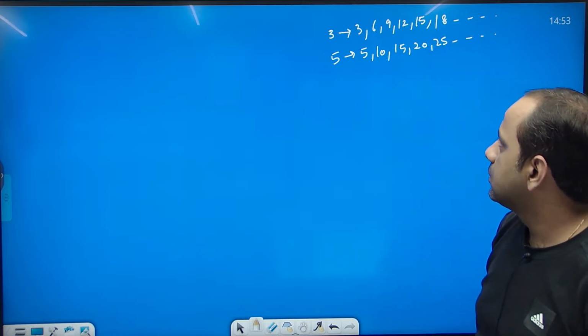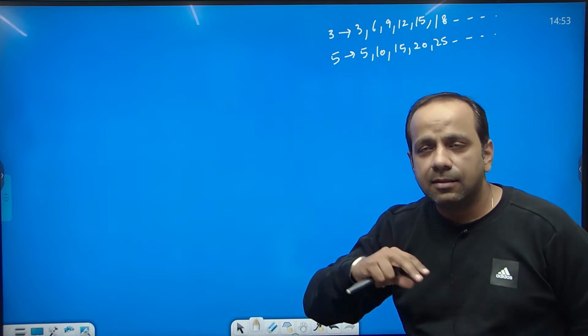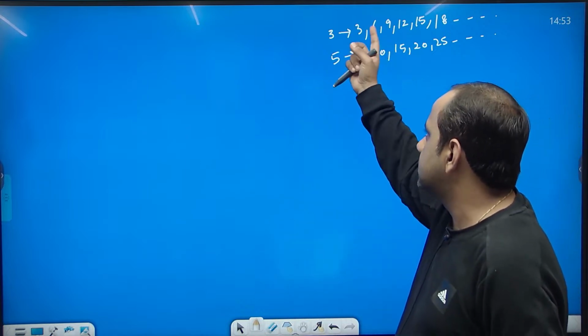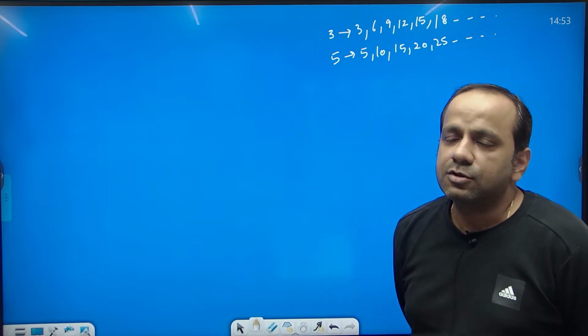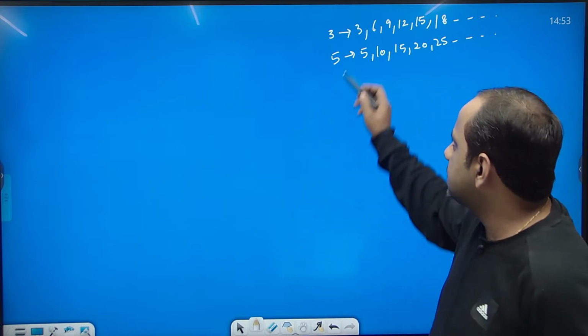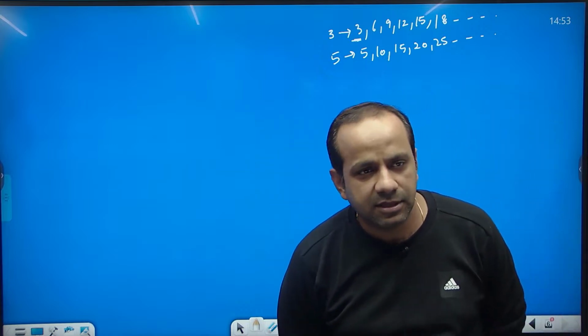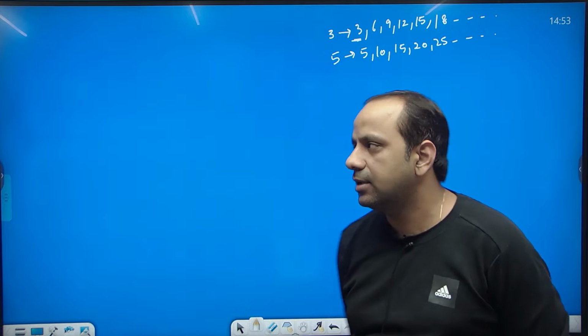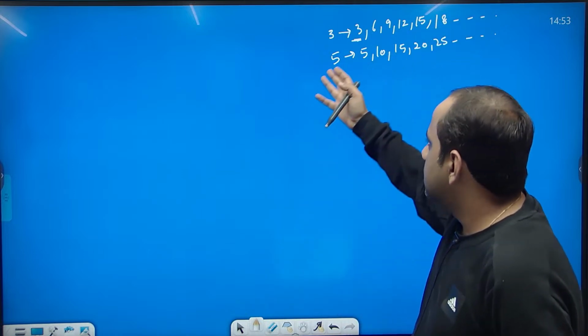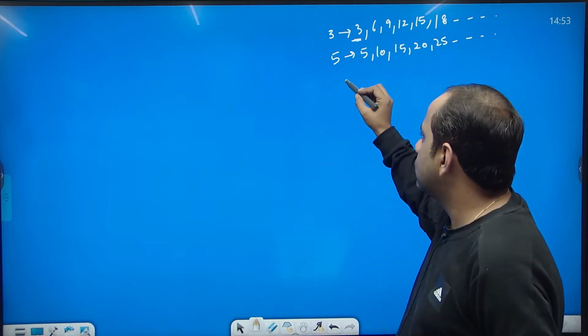When I say multiples, that means numbers greater than this. Obviously, the smallest multiple of 3 is 3 itself, 3 into 1. Otherwise, when we talk about multiples, they will be 3, 6, 9 and so on. Same way, for 5 we have so many multiples here.